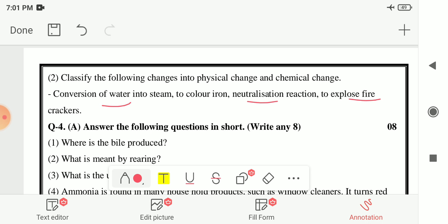It is again a chemical change, as we discussed that during this, a loud sound, then light, and many gases or smoke are produced. And the one left in between is to color iron, which is also a physical change. So this is the classification between physical change and chemical change.